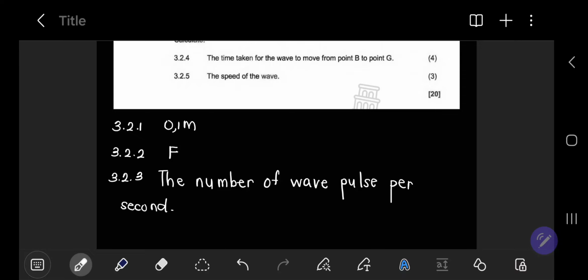So some of them say the number of waves passing a certain point per second, which is also correct. Or how many waves are created per second, or how many waves are passing through a certain point per second. Or like this, the number of wave pulses per second. All of which are correct. They are saying the same thing.